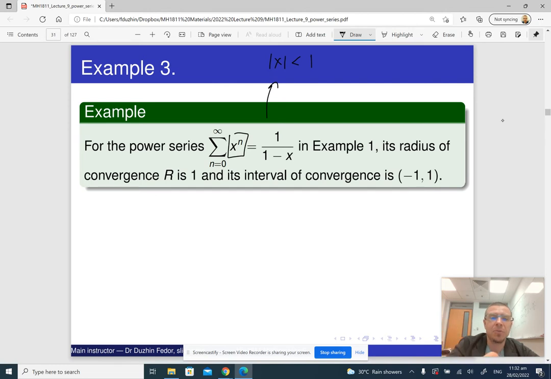So there is no a, which means that a is 0. This is the same as writing the absolute value of x minus 0 is less than 1. And this is, of course, the same as writing that x is less than 1 and greater than negative 1, which means that this is our interval of convergence, and this one is our radius of convergence.